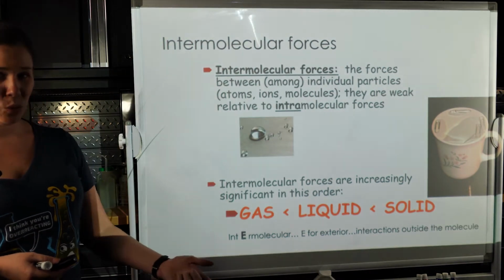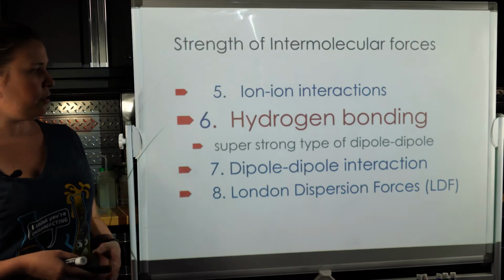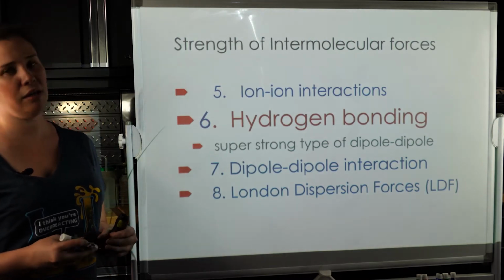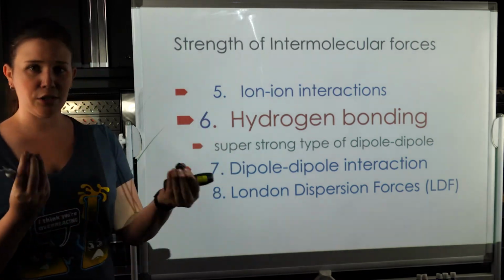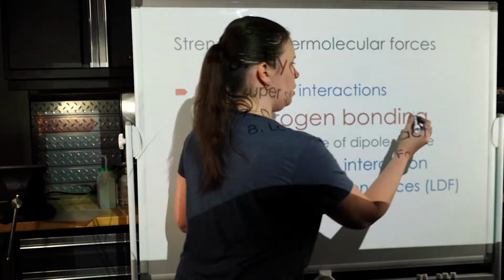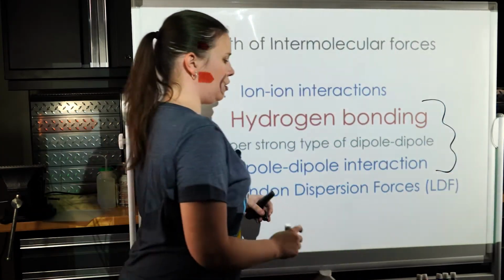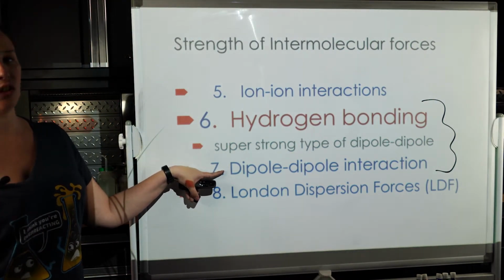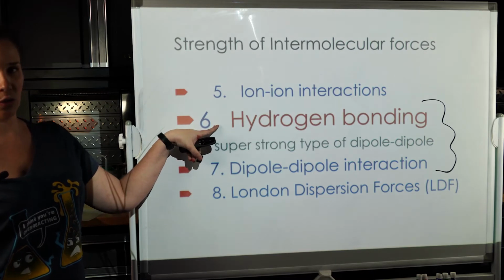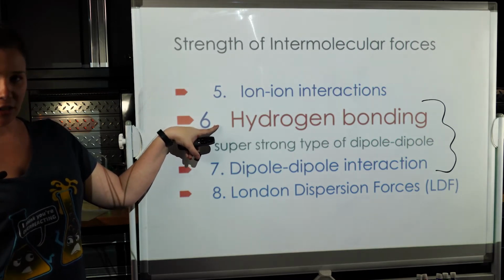The attractions between particles. All right, so there are 4, well, they're kind of 4 main types. Really, we have ion-ion interactions or interactions between 2 ionic compounds. And then we have something called a dipole-dipole interaction, but there happens to be a certain version of a dipole-dipole interaction which is stronger, and we call that a hydrogen bond.